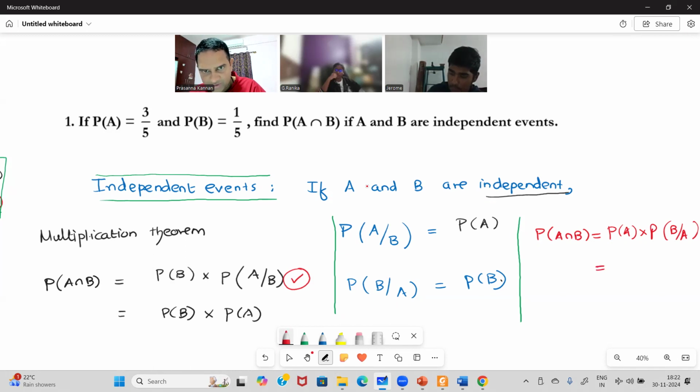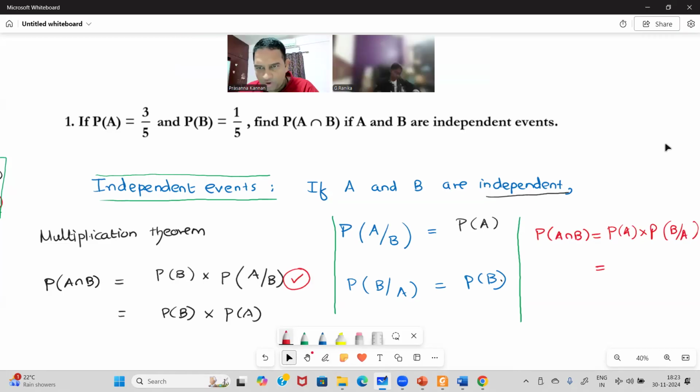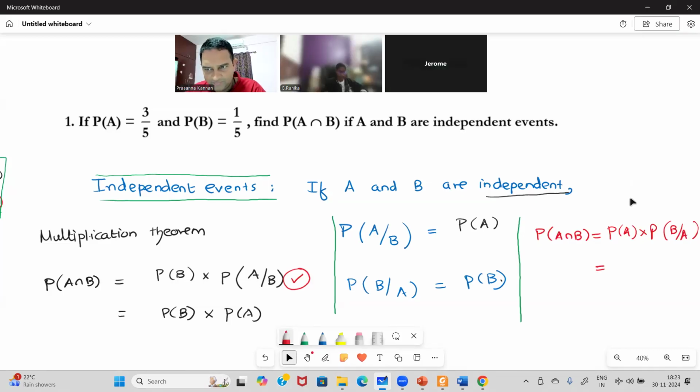So you noted it down? One minute. So P of A intersection B can be written in two ways, right? How can I write it?